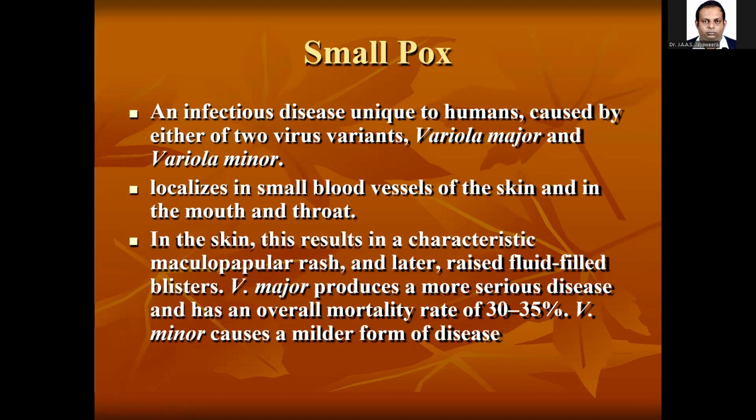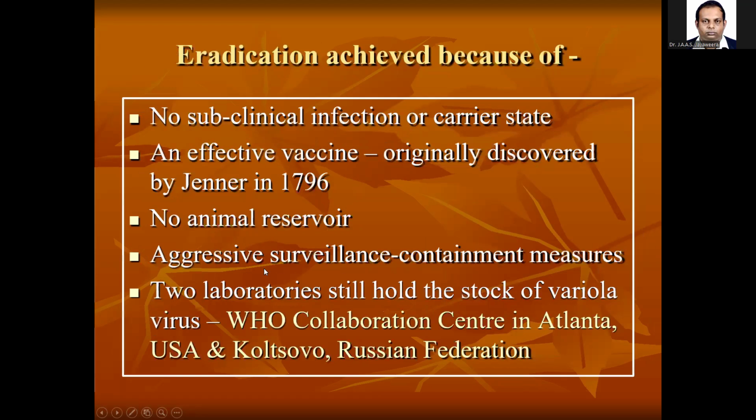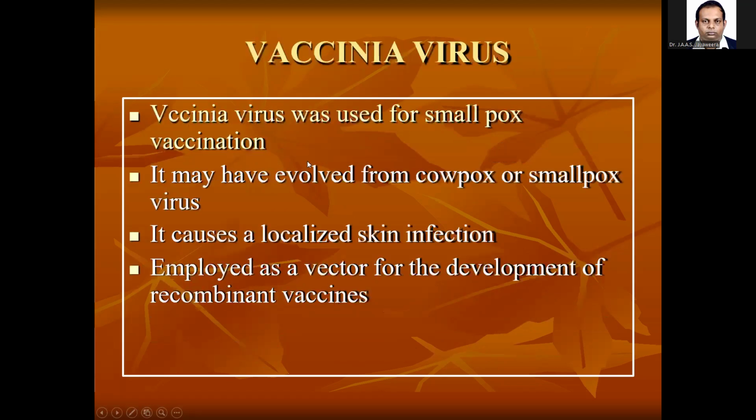Variola minor causes a mild form of disease. The last natural case of variola major was detected in 1975, and variola minor in 1977; in 1980 it was eradicated. Still, two laboratories hold stocks of variola virus: the WHO collaborating center in Atlanta, USA, and one in the Russian Federation.